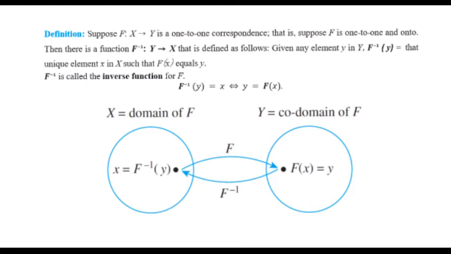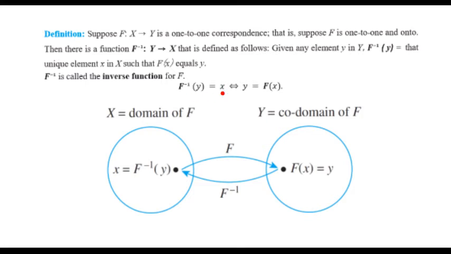So basically, if f maps from x to y, f inverse is a function that maps from y to x, right? So that's called the inverse of a function. We call f inverse the inverse of function f, and if you want to define it formally, you can say f inverse of y is x if and only if y is f of x, right? So we replace y by x and x by y.